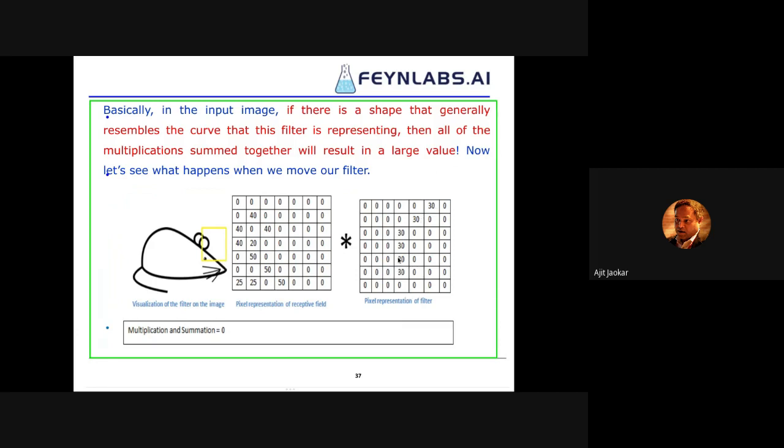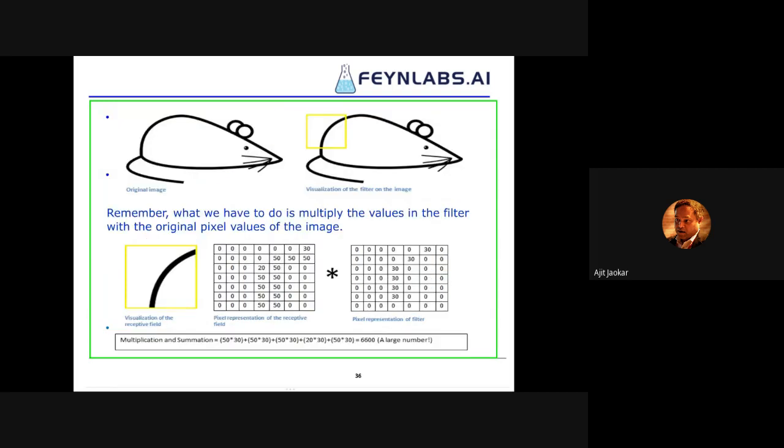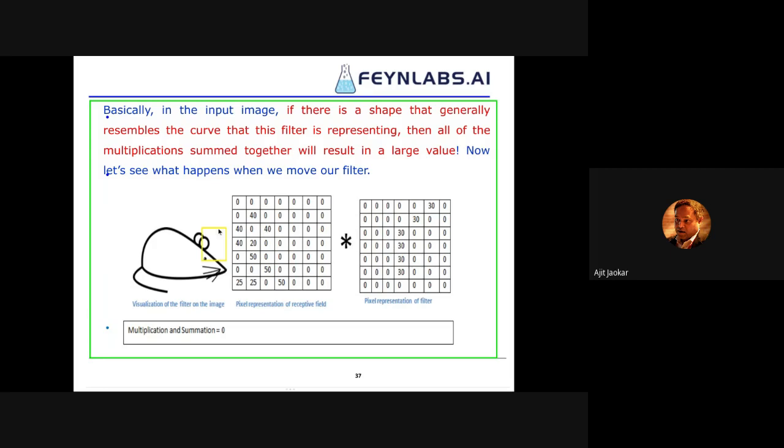Now, if I slide this image here where the mouse's ear is, the matrix on the right hand side is still the same one as before because you have got the numbers here, but this one here has got zeros here. So when I multiply these two things, I get a zero. And the reason I get a zero is because this particular feature is looking for this curve here on the right hand side, the same curve as what we had here, and it actually does not exist in here.